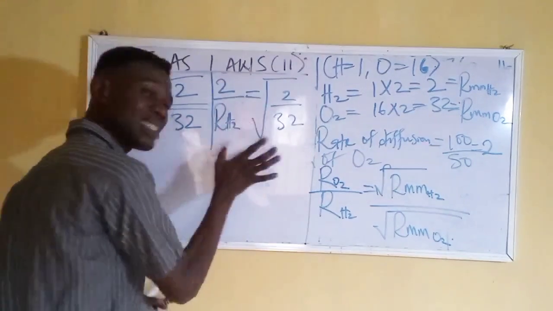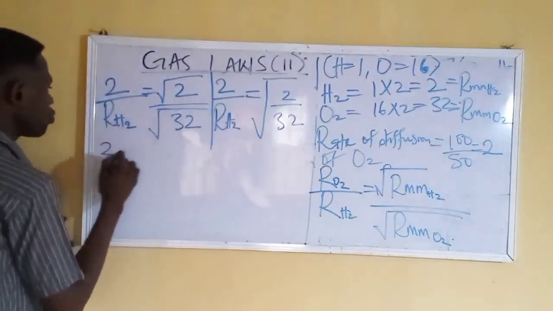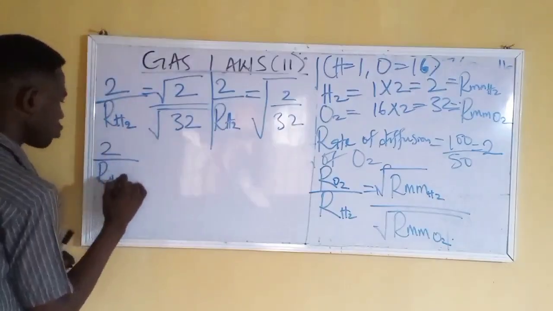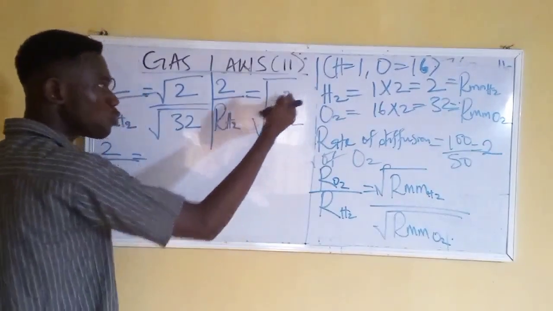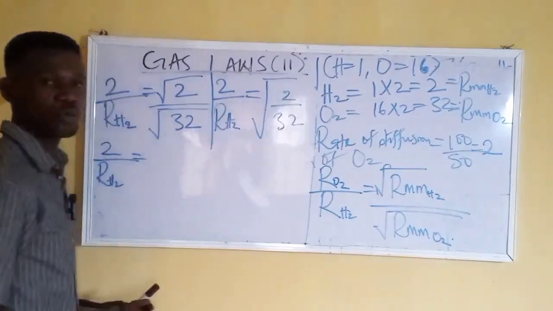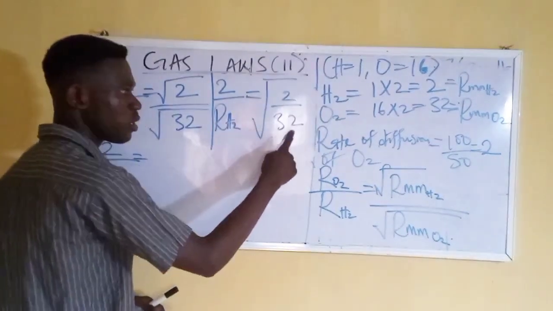Now you have represented it in this form. This can also be written as 2 over RH2 equals, now 2 in 32, if you simplify this to the smallest term, 2 here will be 1 and 32 here will be 16.